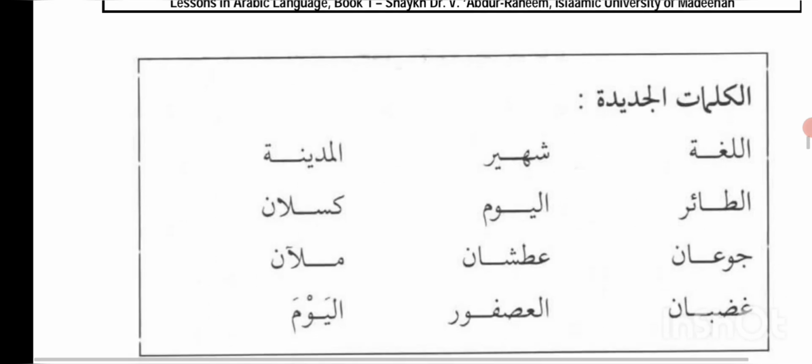So I would like us to take the new words before we go. Al-Kalimatul Jadida, new words. Al-Lugha, language. At-Ta'iru, bird. When you add a ta to its end, it becomes at-Ta'ira, aeroplane. You can revisit my lesson on aeroplane. Ja'an, hungry. Ghadban, angry. Shahirun, popular or famous. Al-Yawma, today. Al-Yawma will take a fatha, today. Atshanu, thirsty.